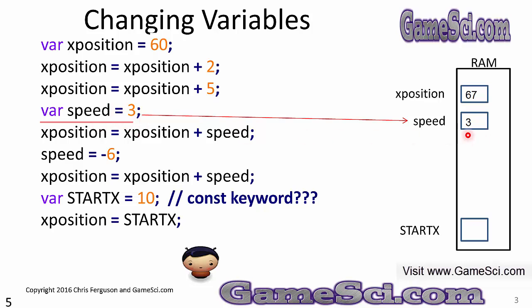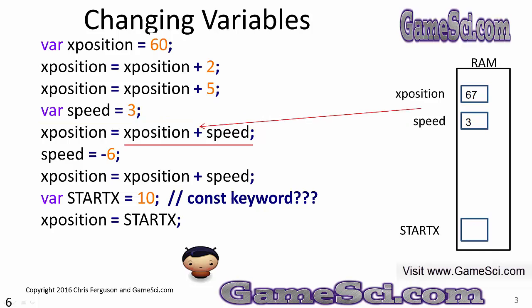And you can see the 3 showed up in the variable space here. Now speed is going to control how fast my character moves. The bigger the speed number, the faster the character moves. The smaller the speed number, the slower the character moves. That's much better than hard-coded values. So this time I'm going to say x_position plus speed.